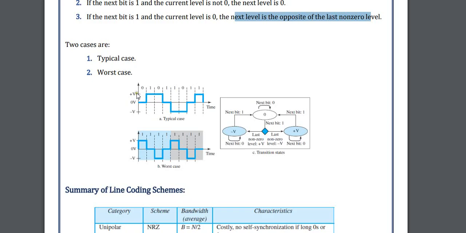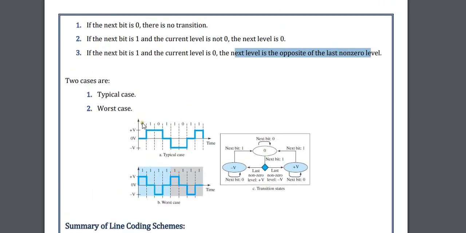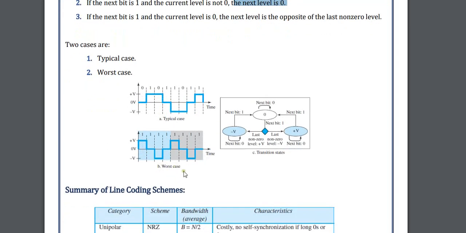Here are two cases, the typical case and the worst case. In the typical case, the next level will be 1, and after that the level is not 0 and the next level is 0. So here the next level is 0. This is how the typical case works. And then the worst case.